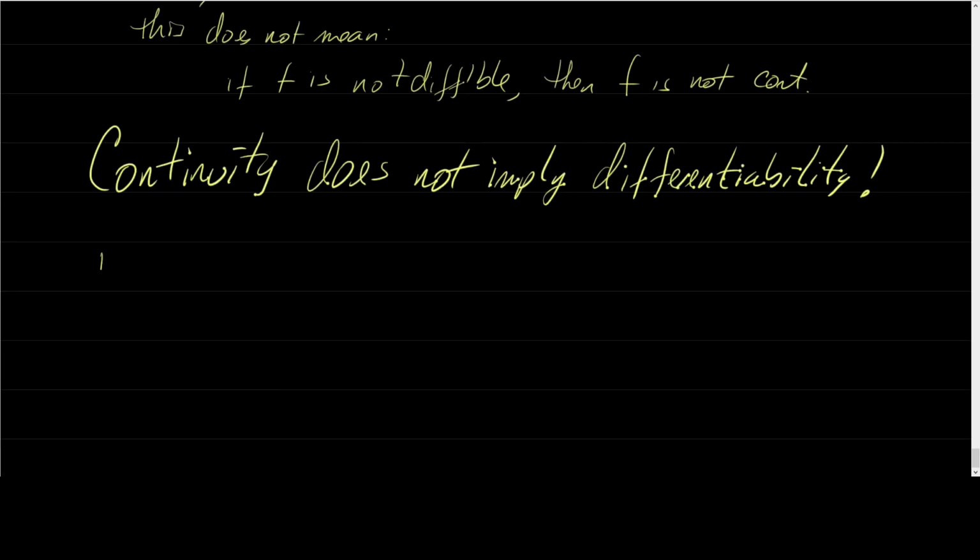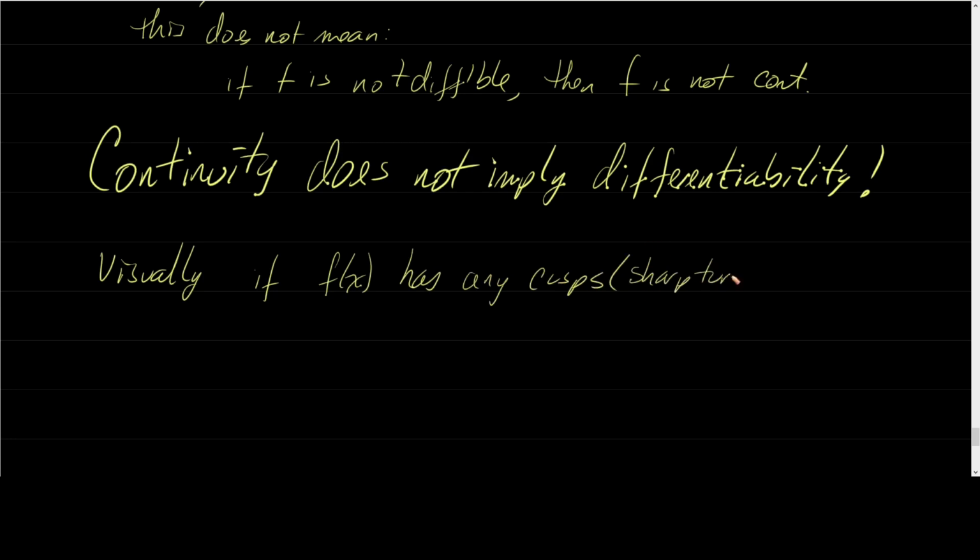So visually, if f of x has any cusps, visually they're sharp turns, at x equals c, then f of x is not differentiable. So if it had any cusps, it's not differentiable. Another way that it can be not differentiable is if it has a vertical.